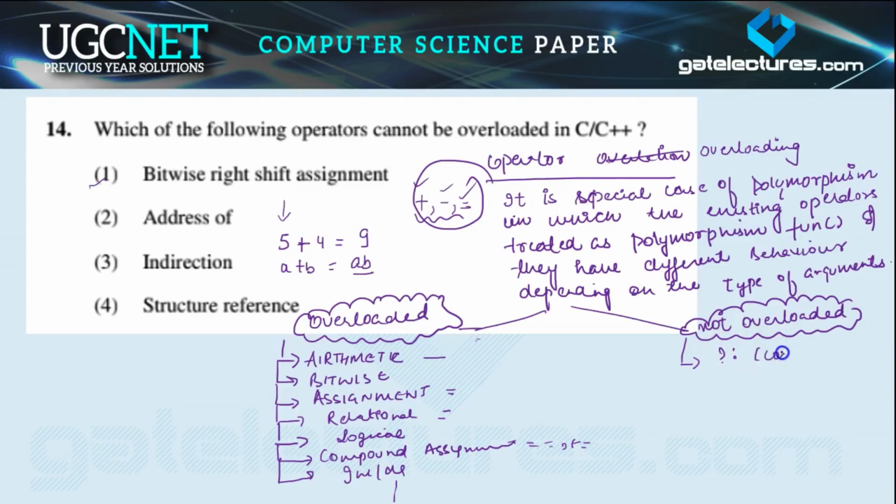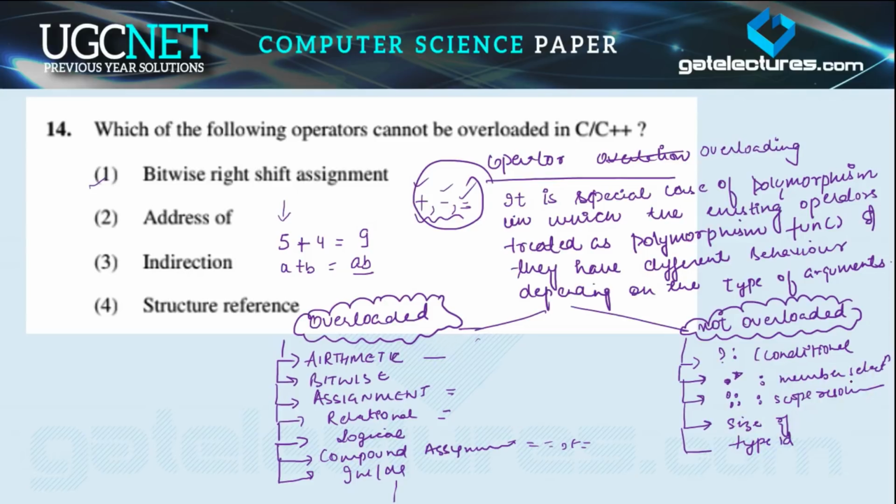Next one is member selection pointers, which are not overloaded. Scope resolution is not going to be overloaded. Sizeof is not going to be overloaded. Type ID, or object type information, is not going to be overloaded.